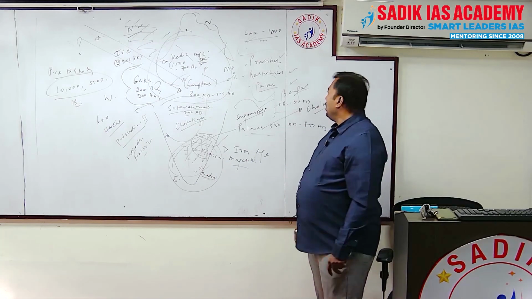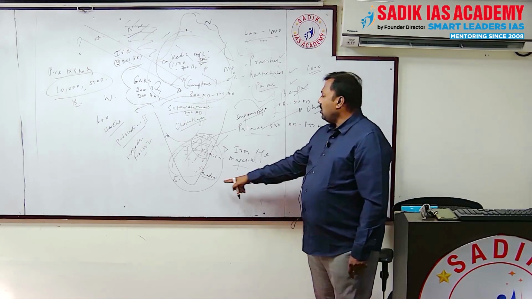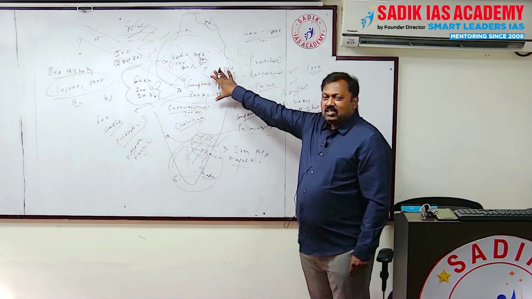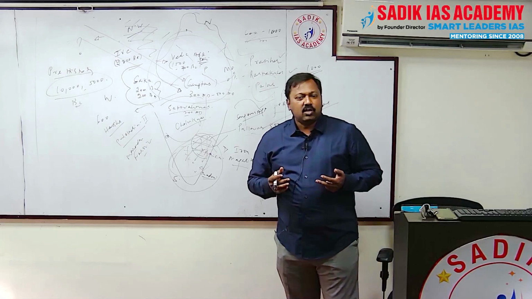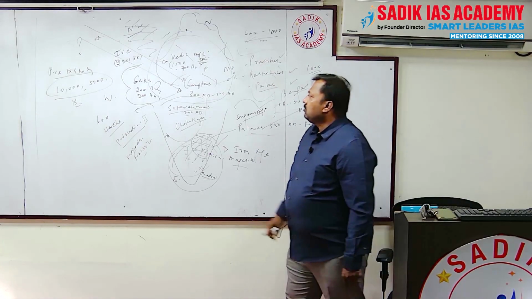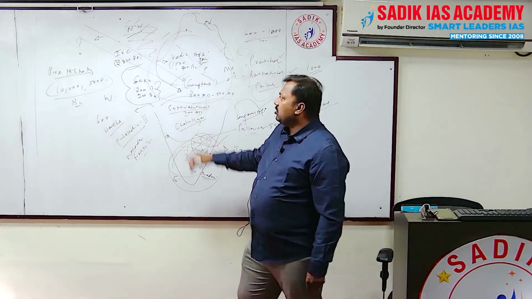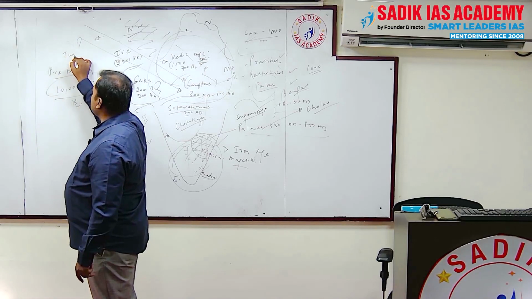So, sir, around 1000, what is the status in India? Cholas, an all-India empire. Northern India, political fight and disintegration. Sir, around 1000, because of this disintegration in the northern part of India, we have the incoming of Turks.